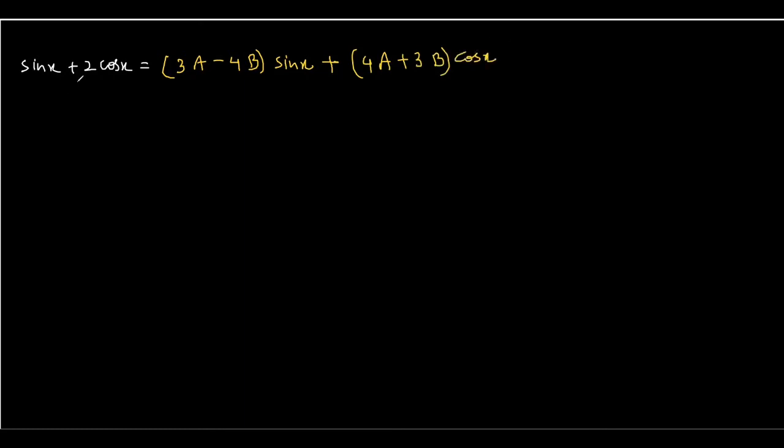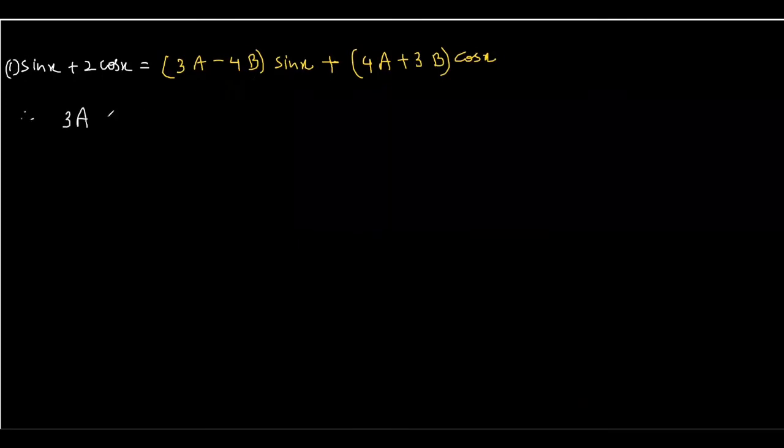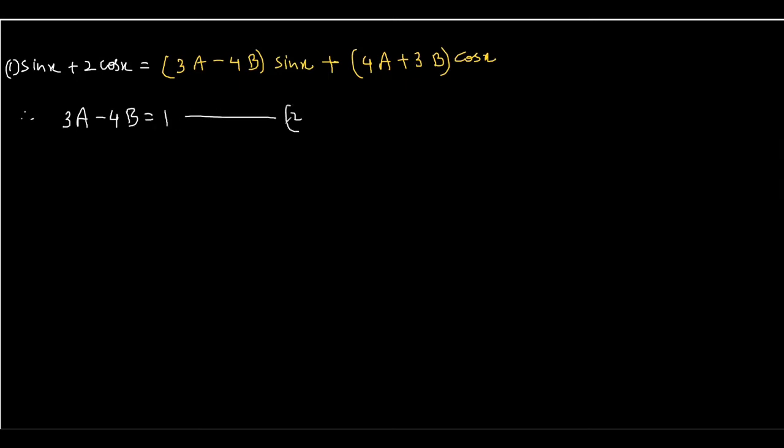Now students, the left hand side and the right hand side are equal. So on the left you have sin x into 1. What is the coefficient of sin x? 1. So I will write therefore 3A minus 4B equals 1. This is equation number 2.